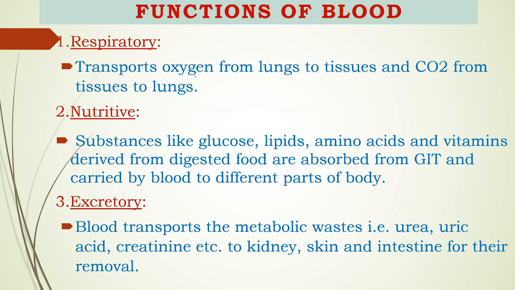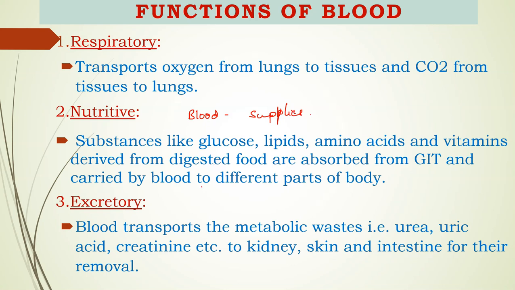Substances like glucose, lipids, amino acids, vitamins, which are derived from the digested food, are absorbed from the gastrointestinal tract and then carried by blood to different parts of the body. That means, as blood is a fluid connective tissue, it supplies all the nutrients to each and every part of the body.